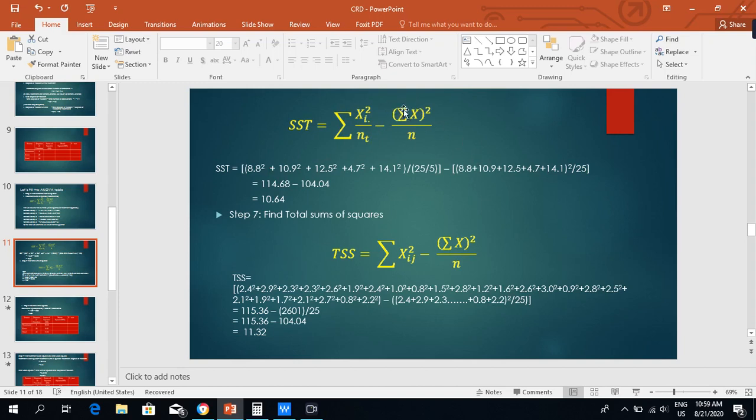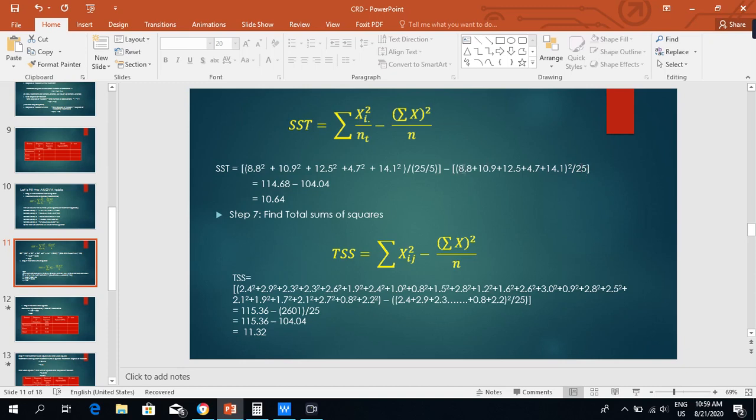Then, to obtain the value for this part of the equation, you should add all yield values of 25 plots together, and it should be divided by the number of observations, that is equal to 25.